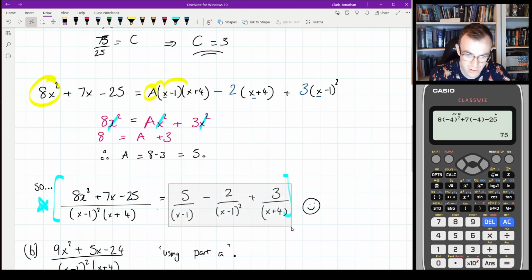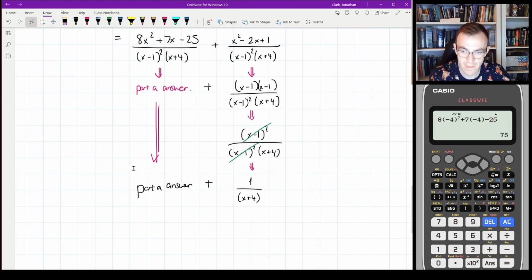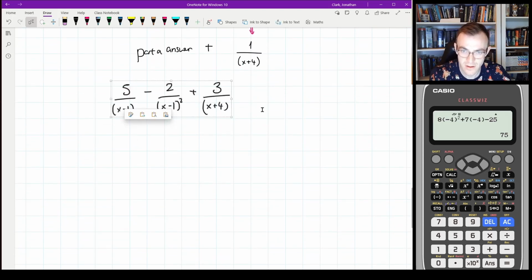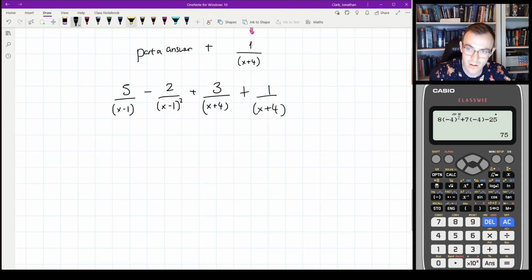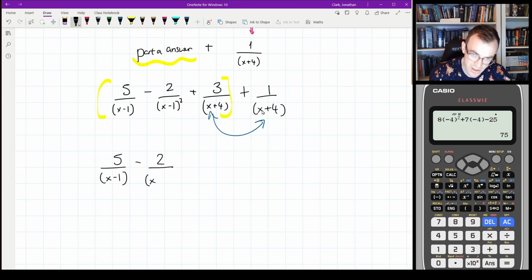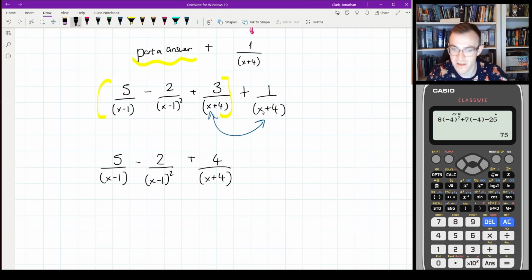Let's grab that and pop it here. And then of course these things are relatable, so we're going to have a very similar answer to part A, except the coefficient above the x plus 4 fraction, that's going to be a 4 instead of a 3.